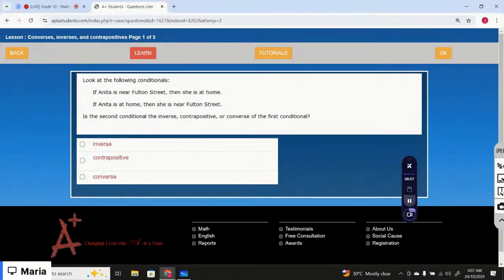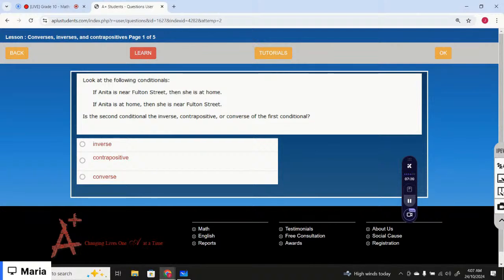Look at the following conditionals. If Anita is near Fulton Street, then she's at home. If Anita is at home, then she is near Fulton Street. Is the second conditional the inverse, the contrapositive, or converse of the following conditional?